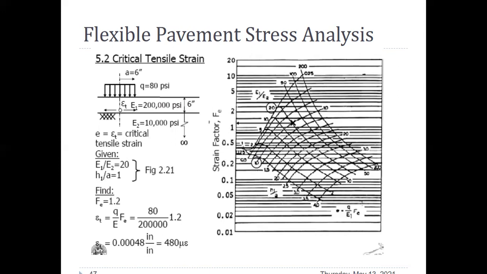This is 2, I am not interested. If I go up, this E1 over E2 is 5. Obviously, my E1 over E2 is 20. So I will follow this curve to this point, and here I find that E1 over E2 intersects H1 over A of 1. So this is a cross, and this is my intersecting point. Once I know the intersecting point, I go perpendicular and find this value.